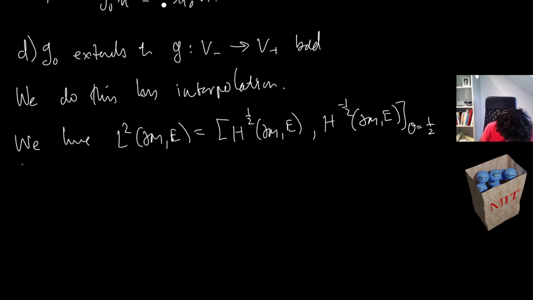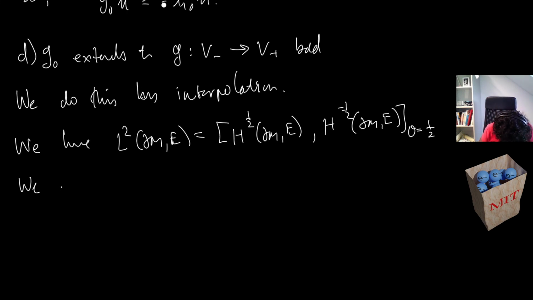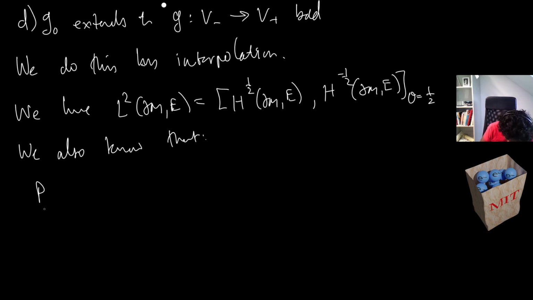We also know that the projectors P V plus minus, well, this is somewhat cumbersome to write in this way. What do I want of these spaces?